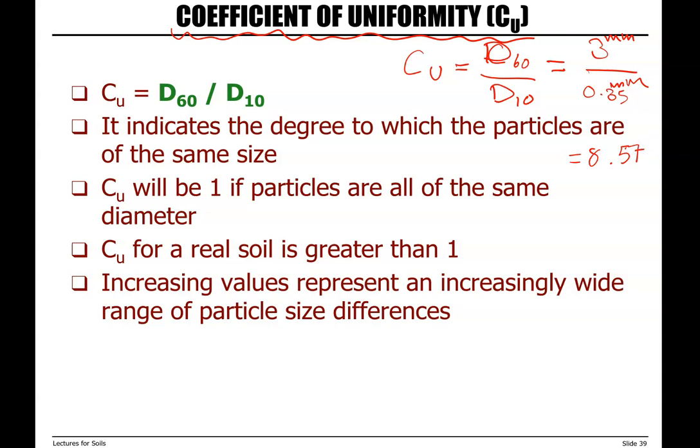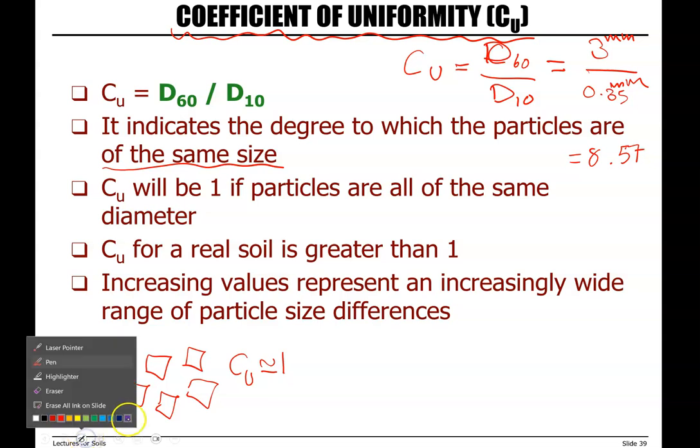What is coefficient of uniformity? Again, it indicates the degree to which the particles are of the same size. So if we have a soil sample where all the particles have the same size, then Cu will be close to 1.